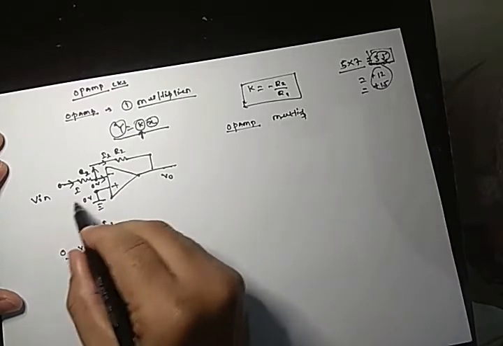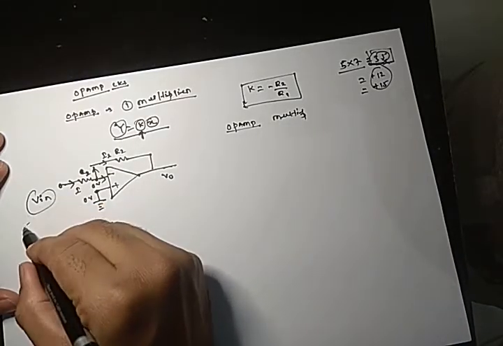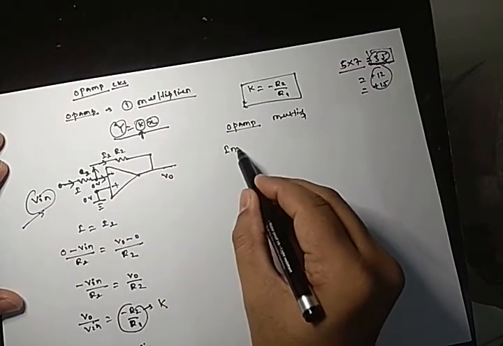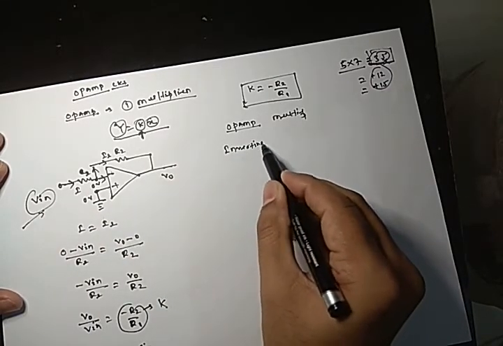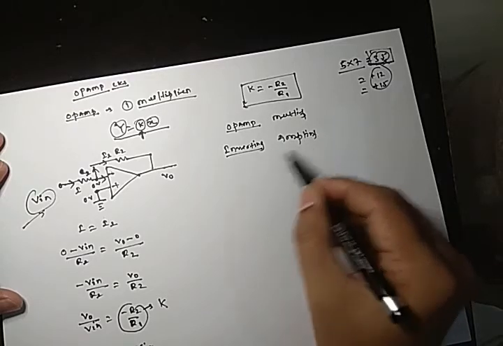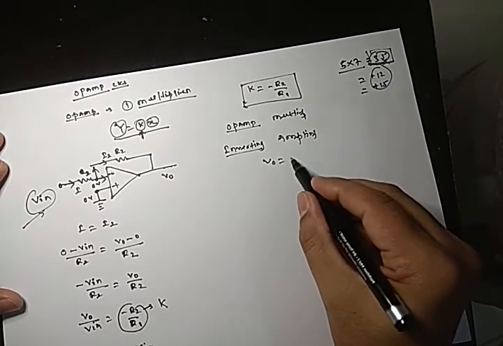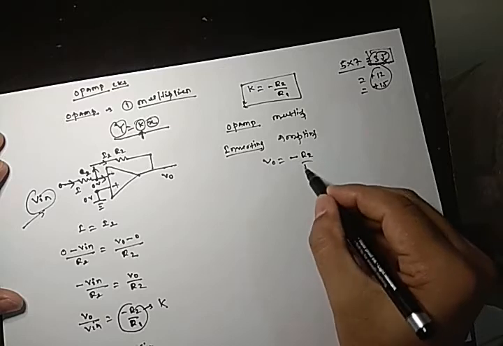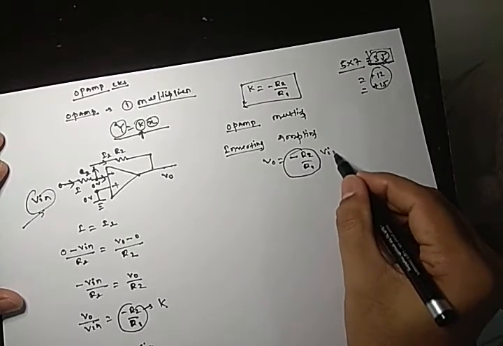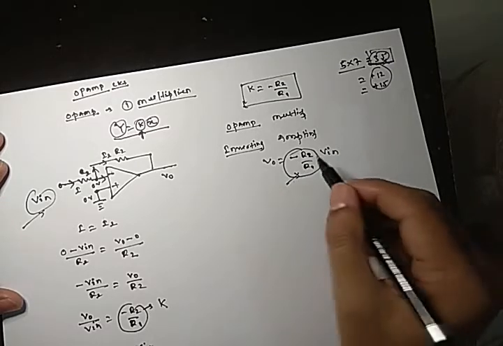Moreover, now the input has been applied at the inverting terminal. That is why this circuit is also called an inverting amplifier, because V0 is nothing but minus R2 by R1 times Vin. It has been amplified by R2 by R1, so it is called inverting.